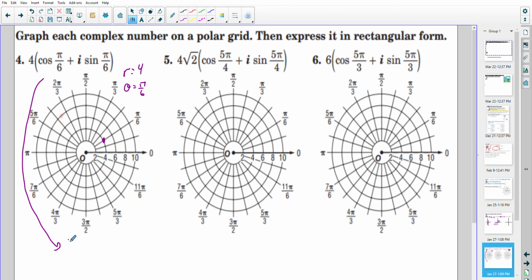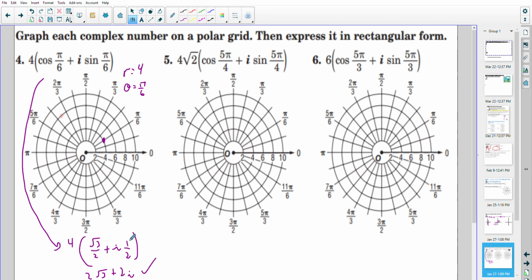So it's going to be 4 times square root of 3 over 2 by the table or unit circle plus i 1/2. That means that this is going to be 2 square roots of 3 plus 2i. And that would be the rectangular complex form.